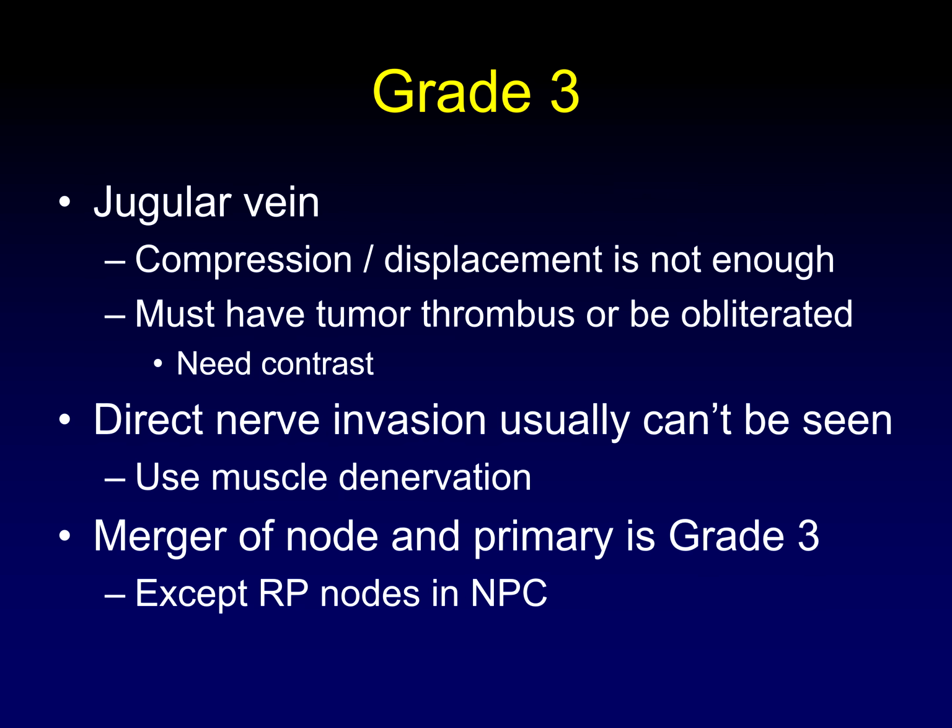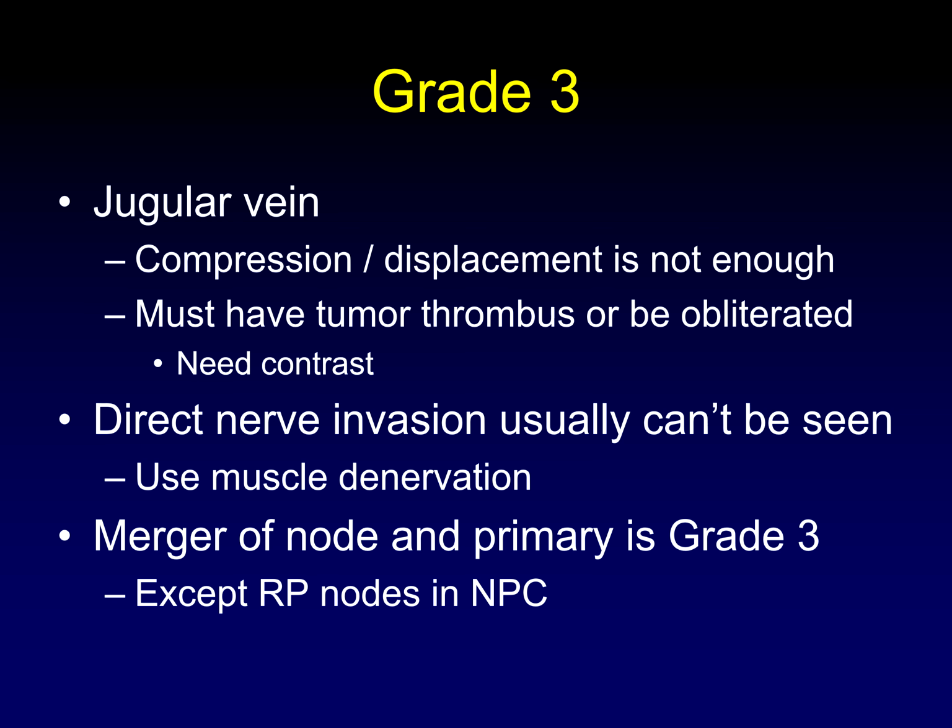With regard to the jugular vein, compression and displacement of the vein is not sufficient. You have to see tumor thrombus, or the vein has to be completely obliterated, no flow at all because of the node. Now, in order to make that distinction, you almost always need to have intravenous contrast to see that.